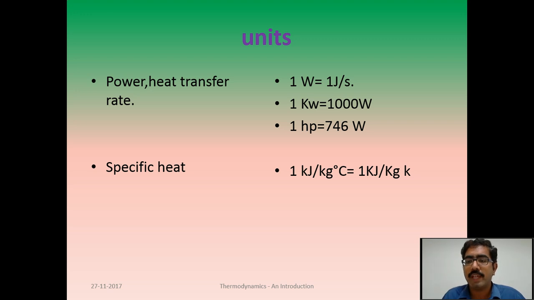If you raise the temperature to 26 degrees Celsius for the 1 kg of mass, how much energy is given out? That is known as the specific heat. That's why we have the specific heat unit as kilojoule per kg Kelvin.